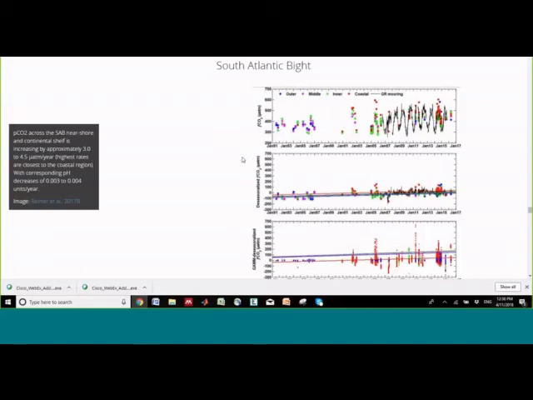So that's fairly significant because if you remember, pH is measured on a log scale.